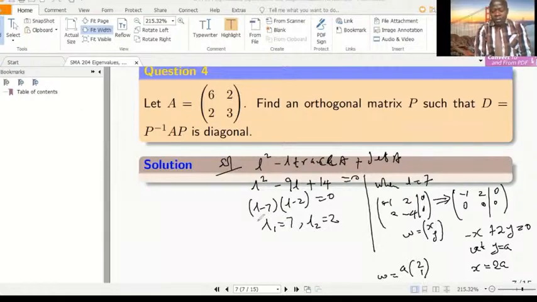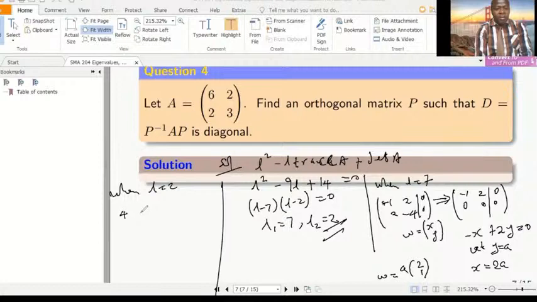We will normalize this later. So let's just find the next eigenvector when lambda is 2. Let's subtract 2 from the leading diagonal. We have 4, 2, 2, then 1, 0, 0.